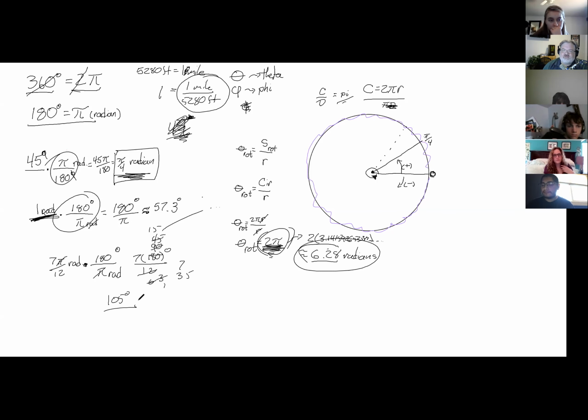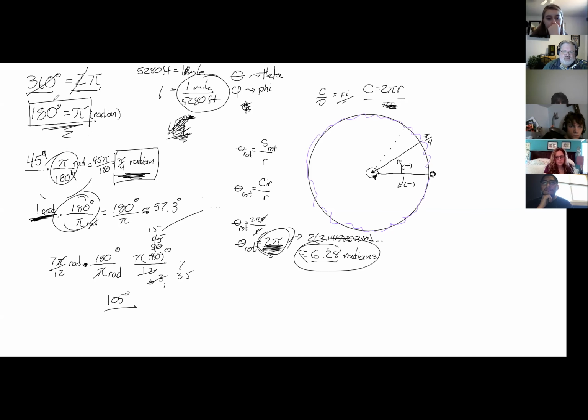I really do want to remind you and encourage you, I know your book, most books do kind of break it up into 2 pieces. Like when you're going from degrees to radians, use this ratio. When you're going from radians to degrees, use this ratio. I don't like that. Use this equivalency.